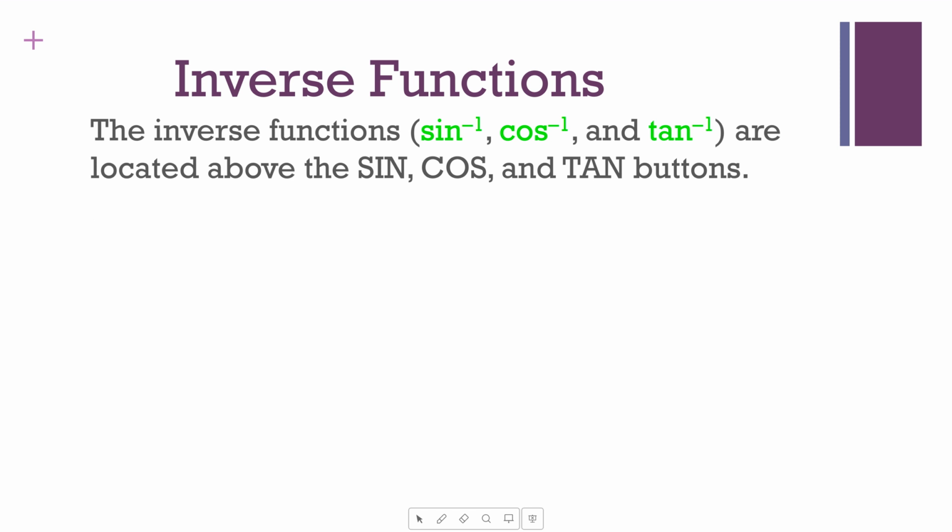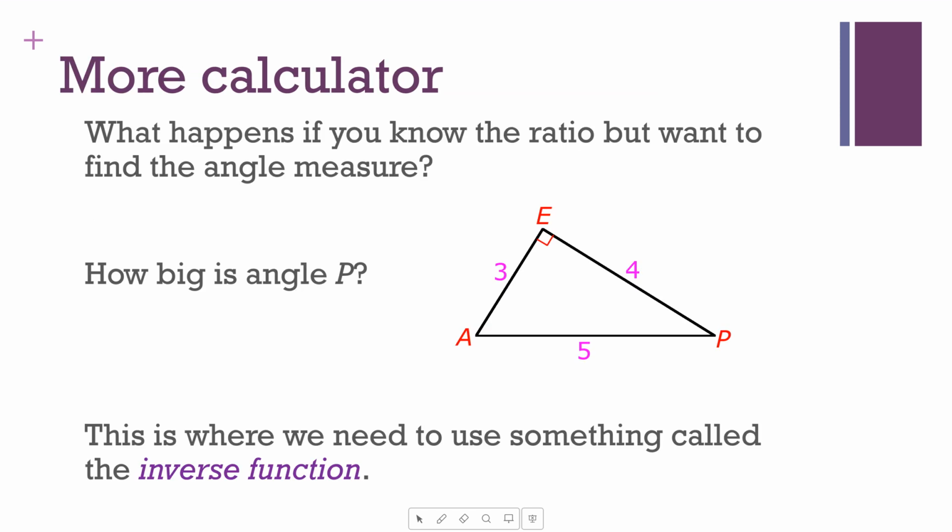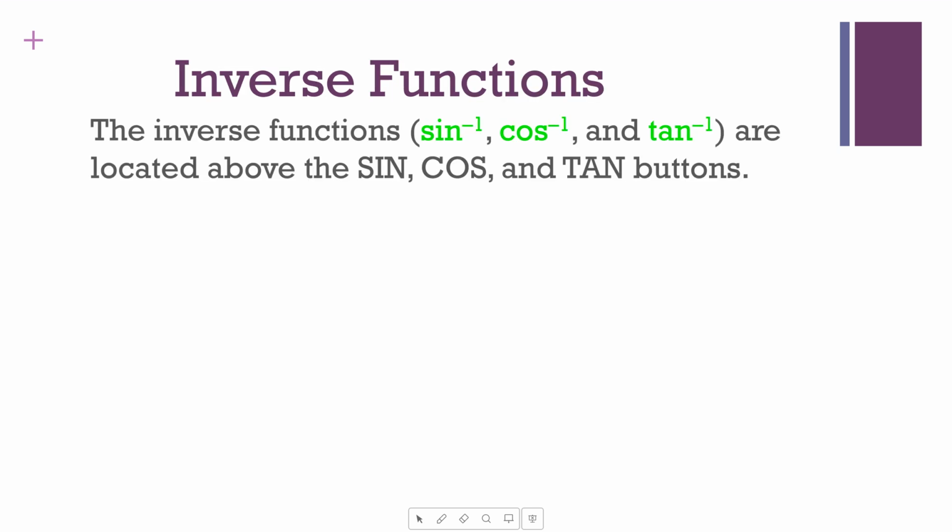Okay? So for instance, if I go back to this triangle, the sine of angle A is 4/5. That's yesterday's stuff. Opposite over hypotenuse. Now, how do I get rid of the sine? Not divide. Inverse sine.